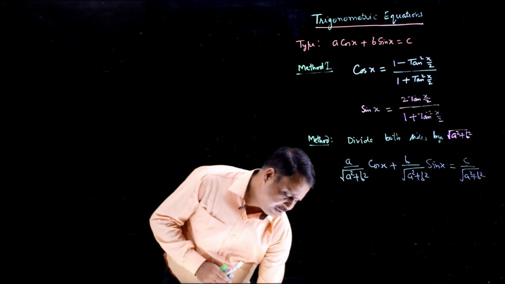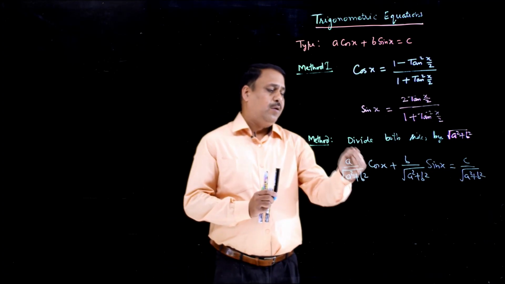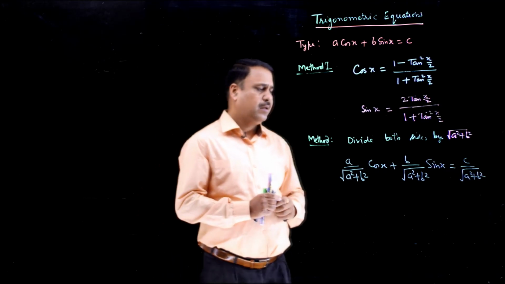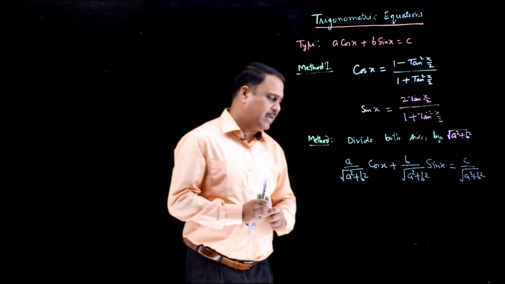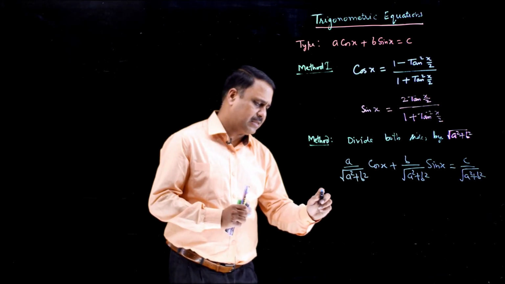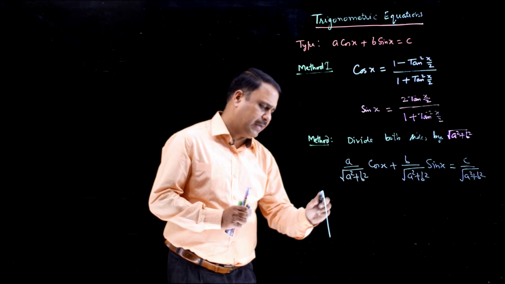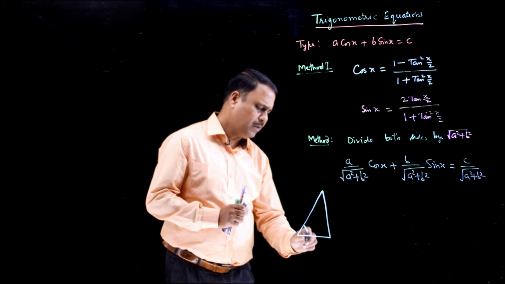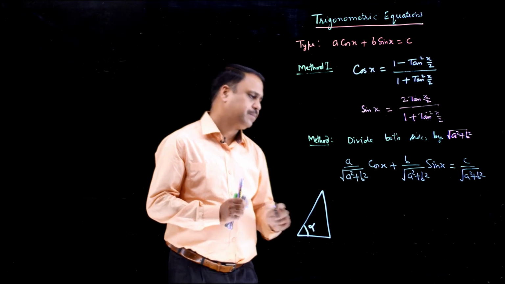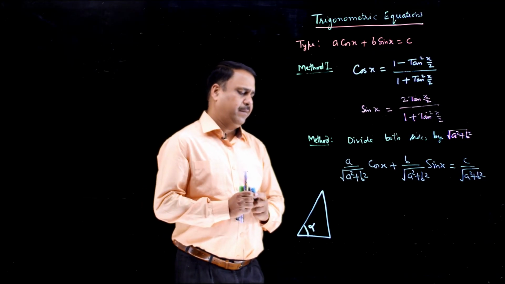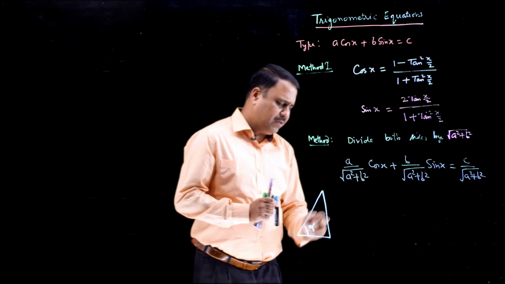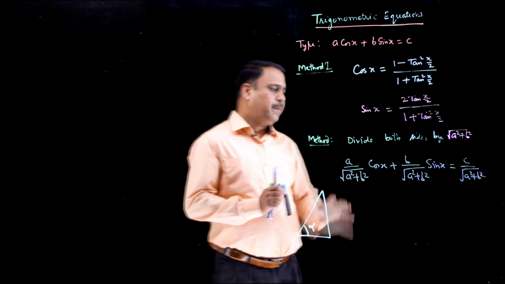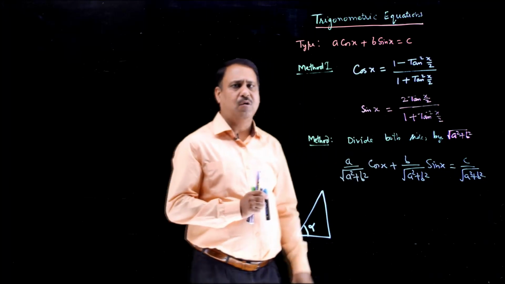Now the important thing is, why are we dividing? What is the use of this division? The purpose is, if I consider a right angle triangle, if this angle is some angle theta, then one side I can take a, and this as b, depending on whether I want to convert this in cos form or sin form.